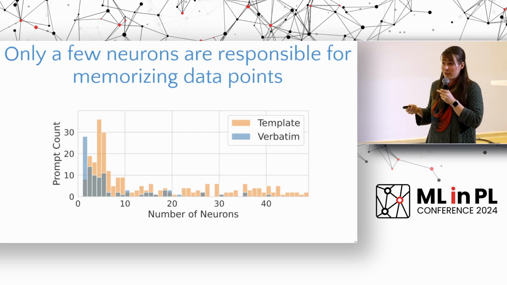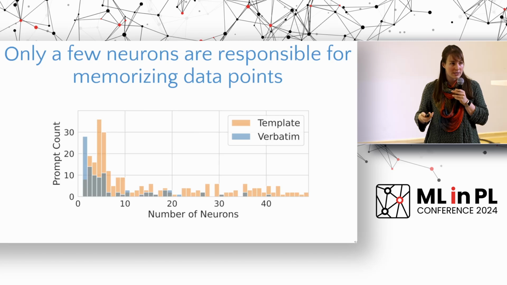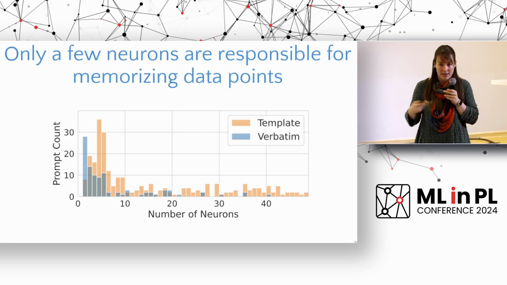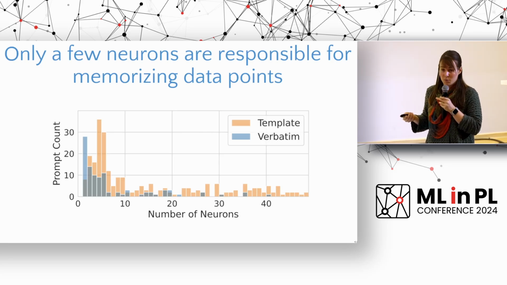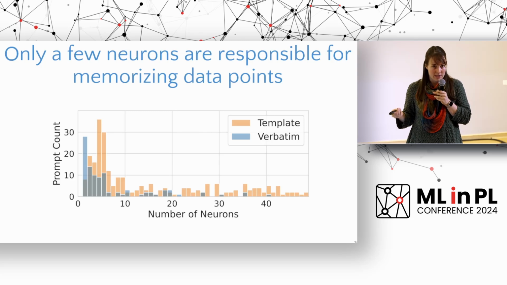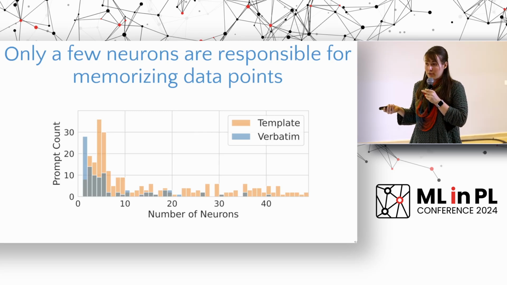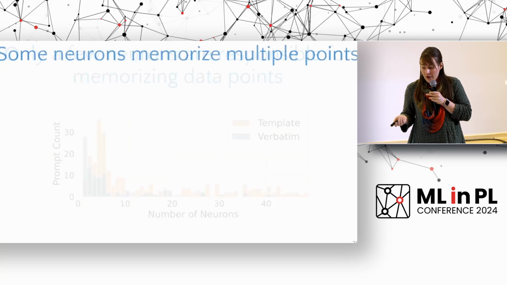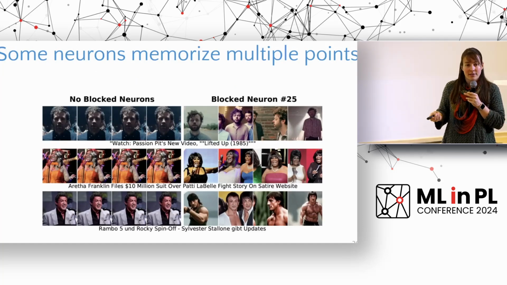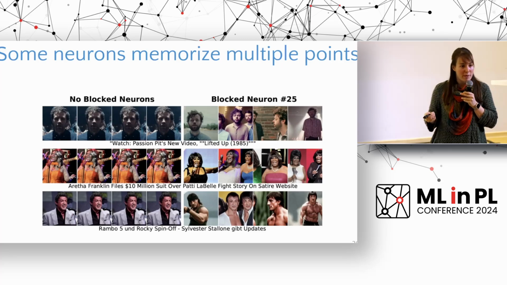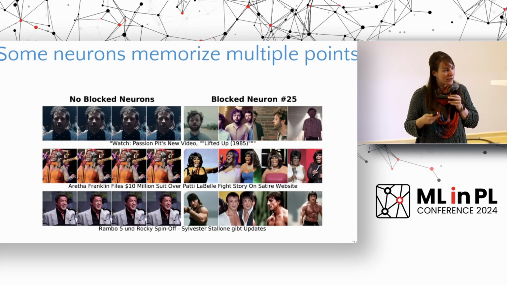For us, this was a very surprising finding, given the complexity of the diffusion models and the complexity of the images that they are trained on and that they generate. Finding out that only one neuron is responsible for the memorization of a data point was really interesting. What we also found, and that was even more interesting for us, was that some neurons seem to be pure memorizers, neurons that memorize multiple data points.